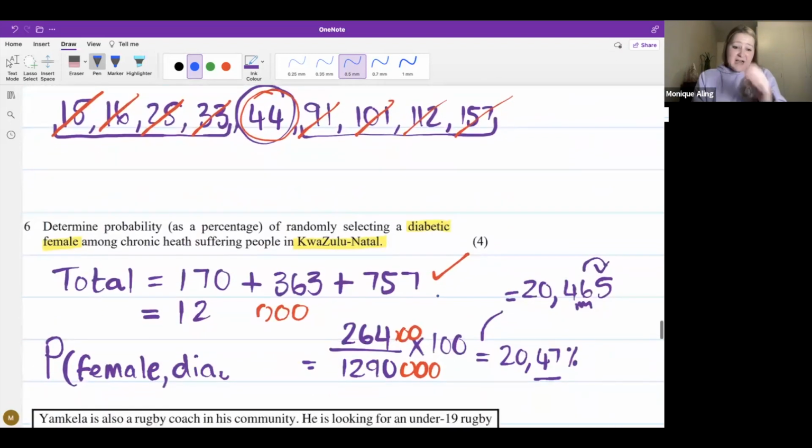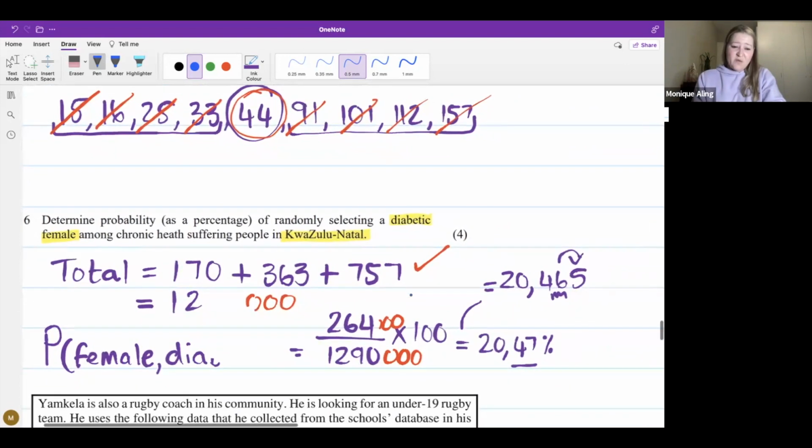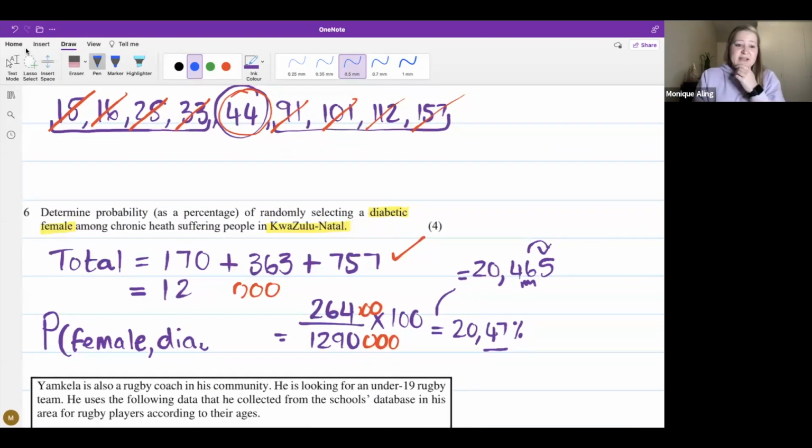Okay, so this one was a little bit confusing because of how it was worded. So again, let me just quickly erase this. Determine the probability of randomly selecting a diabetic female. So we want to know what are the chances of choosing a diabetic female.